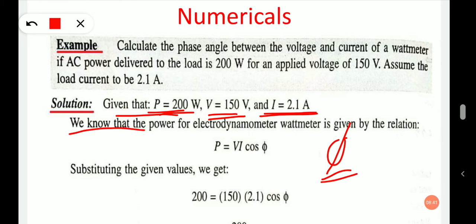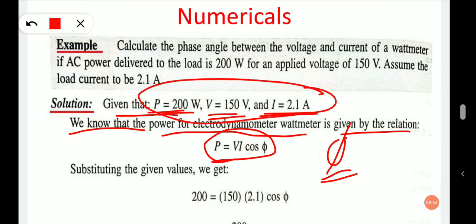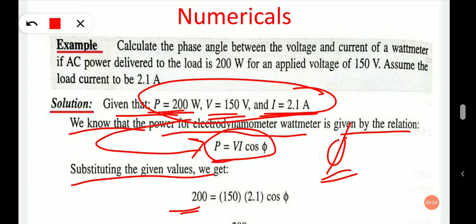We know that the power for an electrodynamometer wattmeter is given as P equals VI cos phi. If we substitute the values in this equation, on the left side P is 200 watt. On the right side, V is 150, I is 2.1, and cos phi we have to find out.